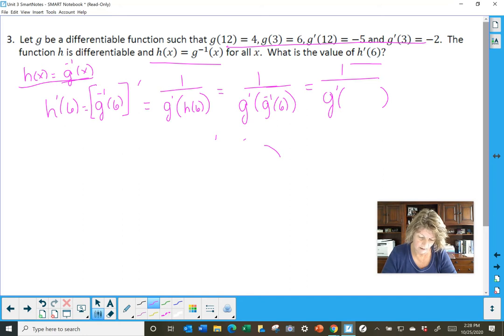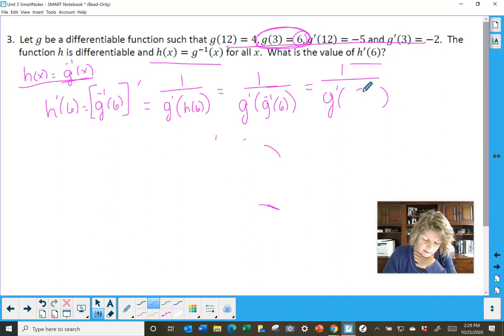Oh boy. Oh, right there. I missed it. Right there. The output for the original function, g, is 6, isn't it? If this is an input to the inverse, it's an output to the original.